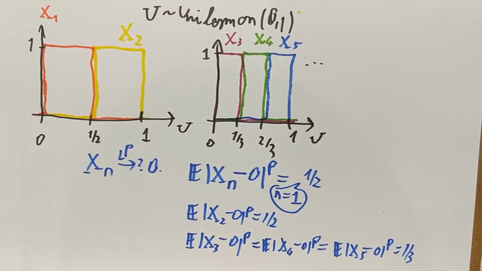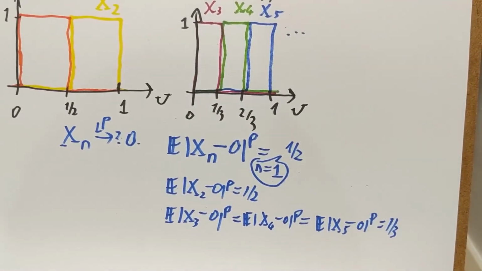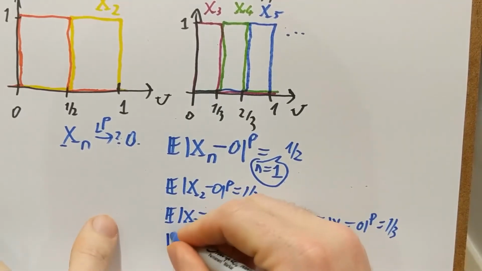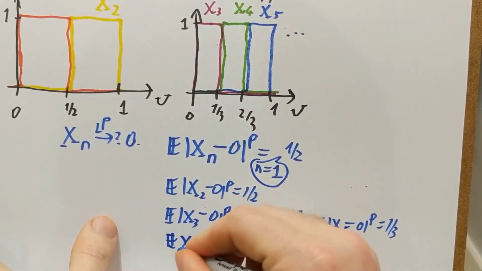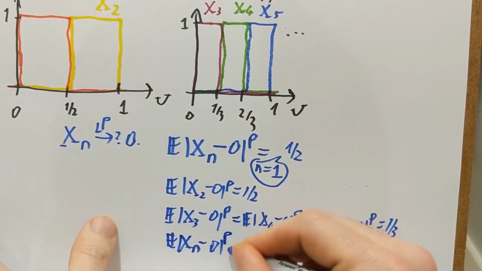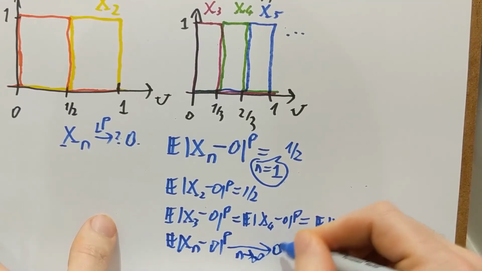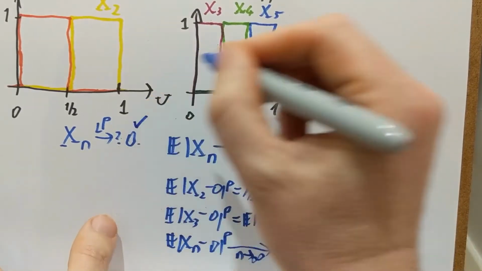You can easily see from here that the expectation of Xn minus 0 to the p converges to 0 as n goes to infinity, and therefore we do have Lp convergence.